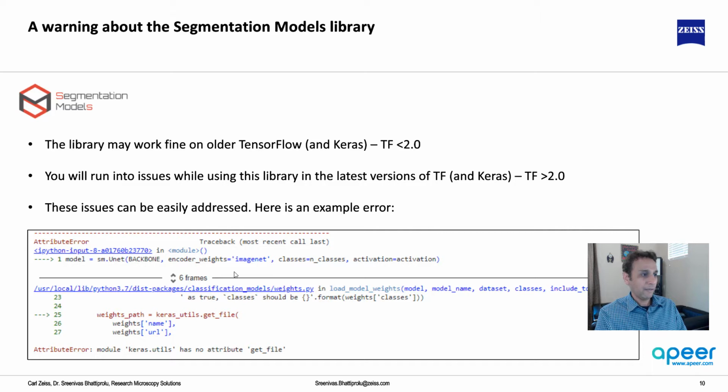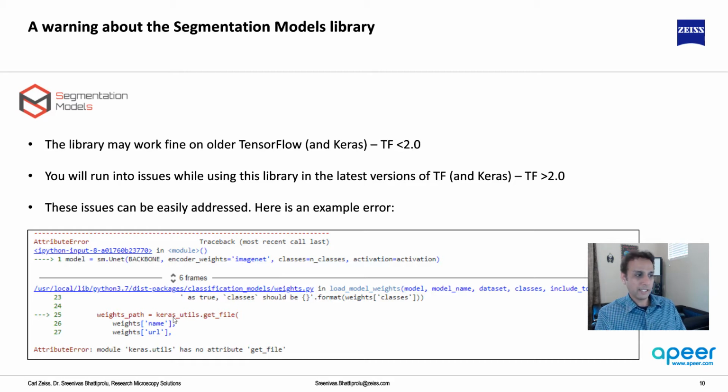It says that for ImageNet, it's looking at this location, Python 3.7, distribution packages, classification models, weights.py. Within that file, at this specific line, weights path, right? Because we are saying bring these weights. At that weights path, it doesn't know what to do because there is no keras_utils get_file.